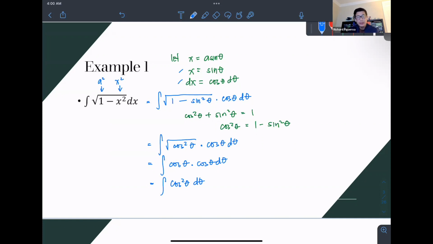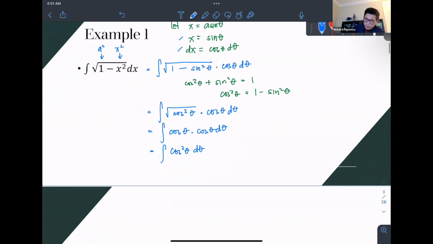For the integral in trigo substitution, we use the principles we learned from trigo transformation. In this case, it's just a simple usage of an identity for cosine squared, since cosine has an even exponent.